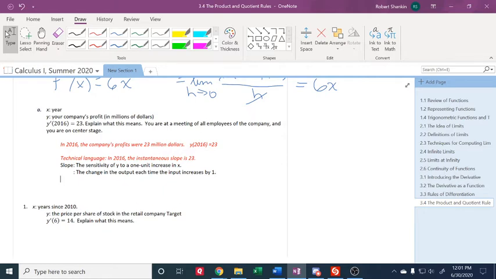And so in easy language, from 2016 to 2017, the company's profits will do what?